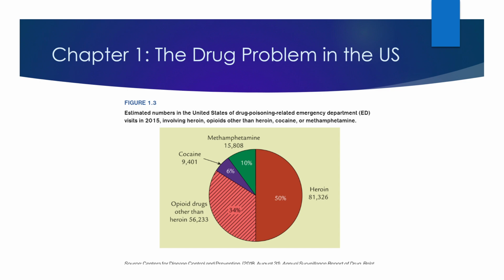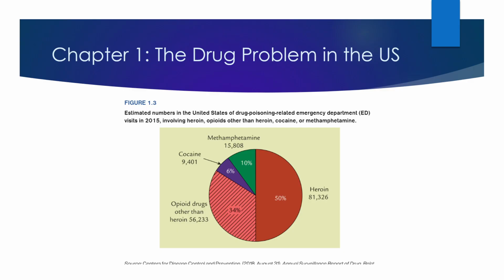But those aren't the only ones which can be dangerous, because we see that 10% of the emergency room visits were due to drug poisoning with methamphetamines, and finally 6% due to cocaine, for a total of 9,401 visits to the emergency room.